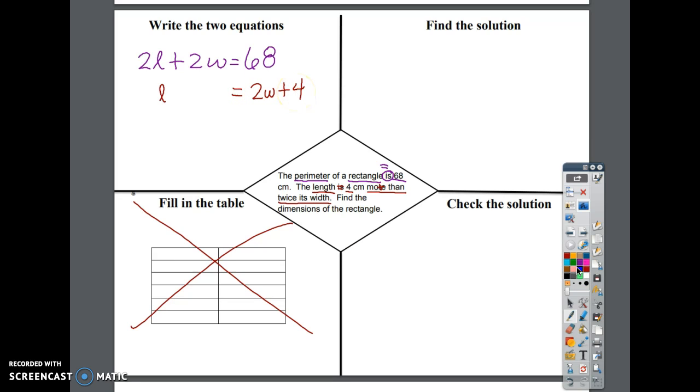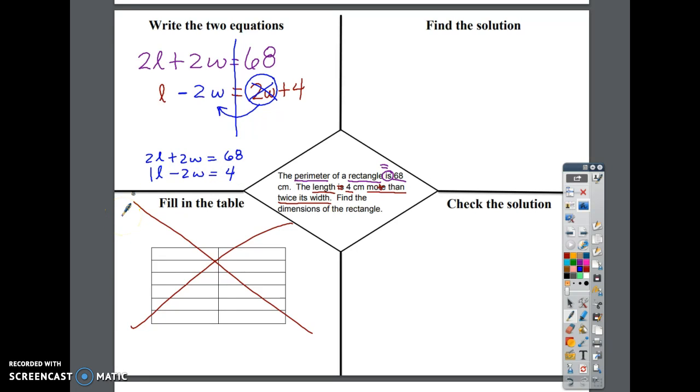And remember, we line them up so that my L's are lining up, and my equal is lining up, and my numbers are almost lining up. But we need to move the W over here, change the sign so that it can be ready for matrix. Okay? So now it's ready for matrix. I have 2L plus 2W equals 68, and I have 1L minus 2W equals 4. And this is an invisible one, don't forget.